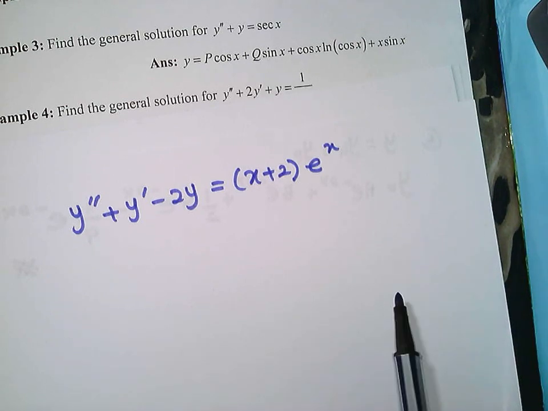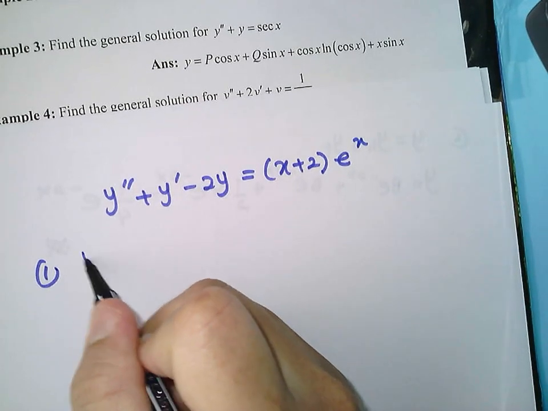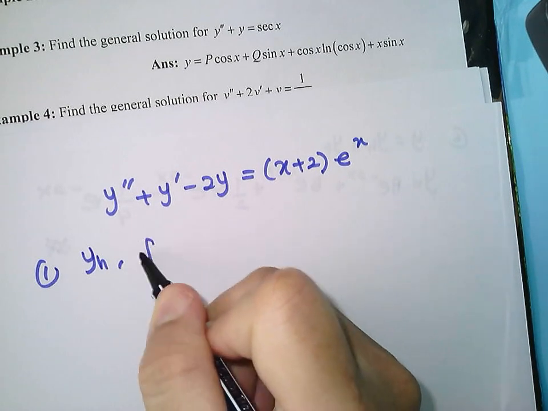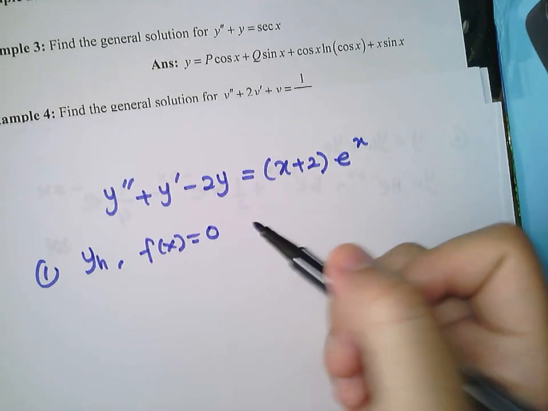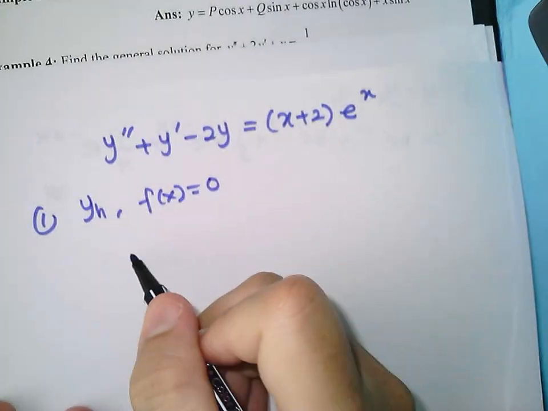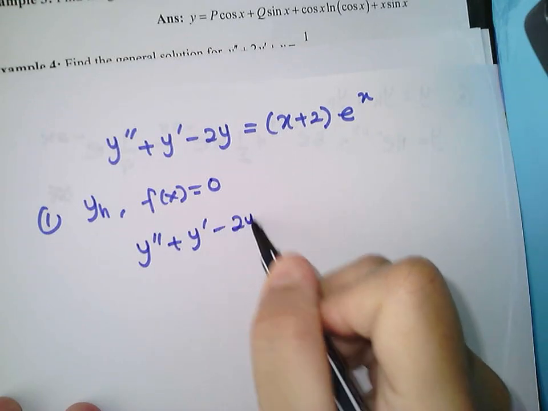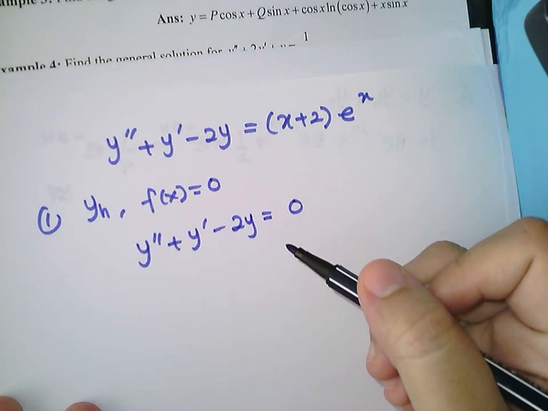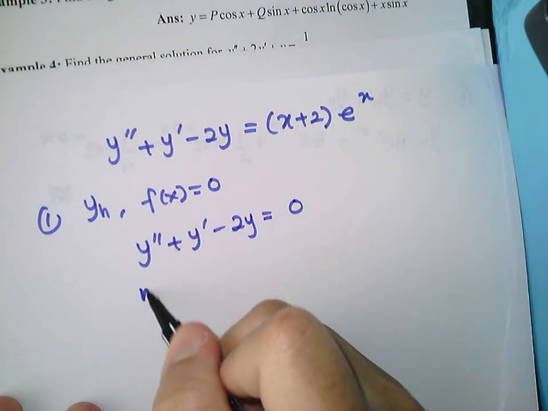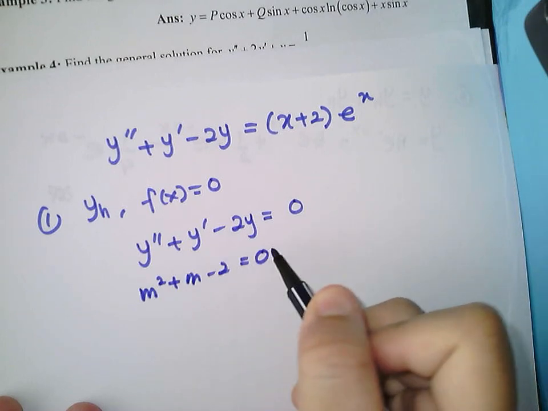So we are going to solve this one. First step is you have to find your yH by assuming your f(x) equals 0. Therefore you will have y double prime plus y prime minus 2y equals 0. Expressing this into the characteristic equation gives m squared plus m minus 2 equals 0.